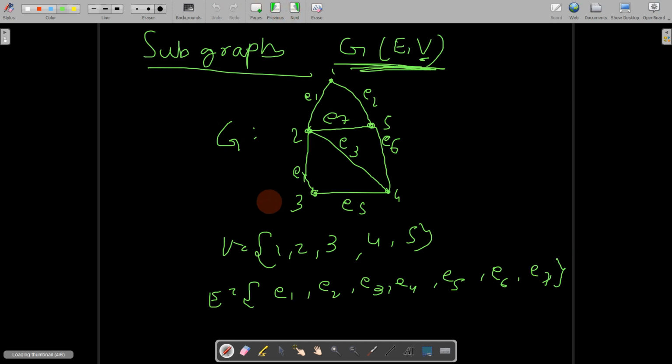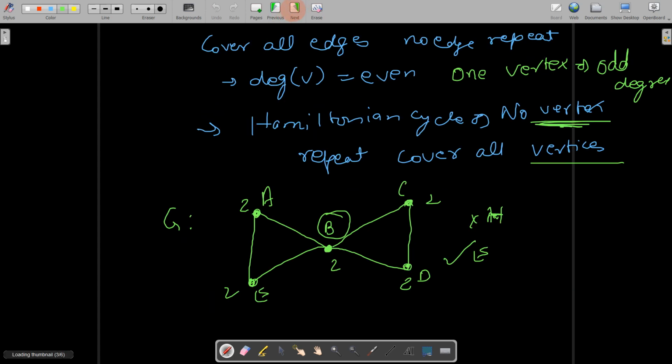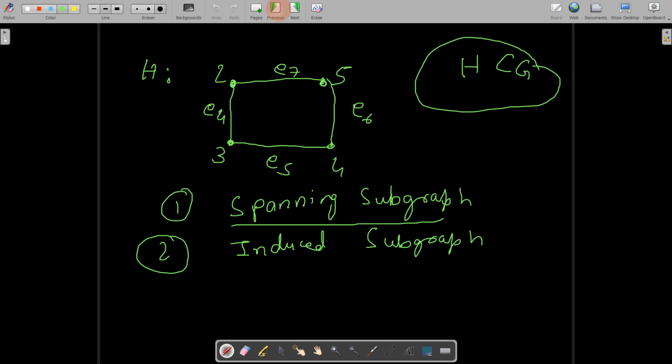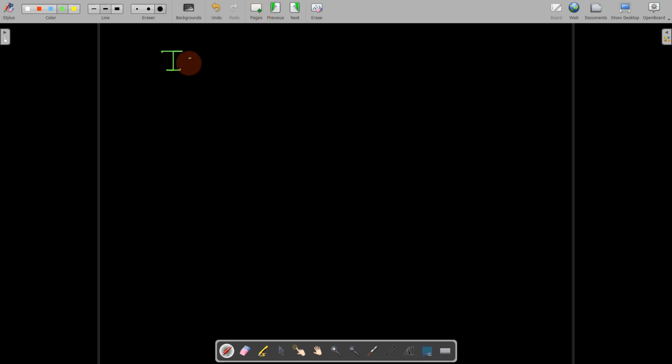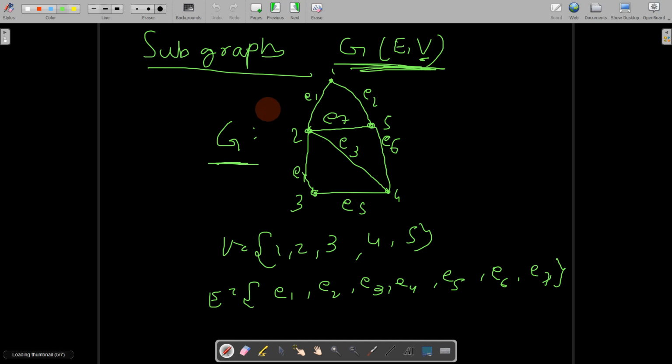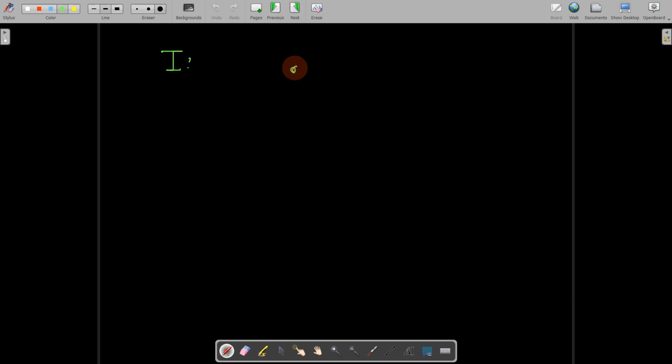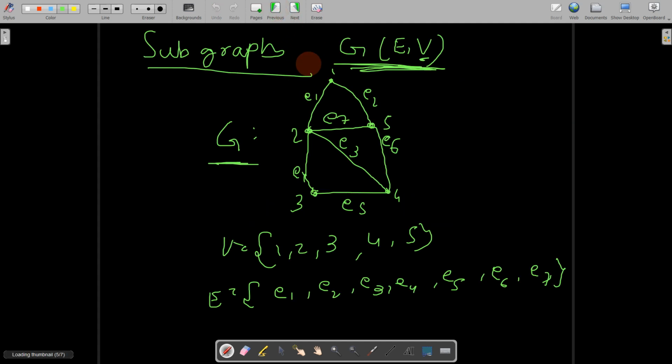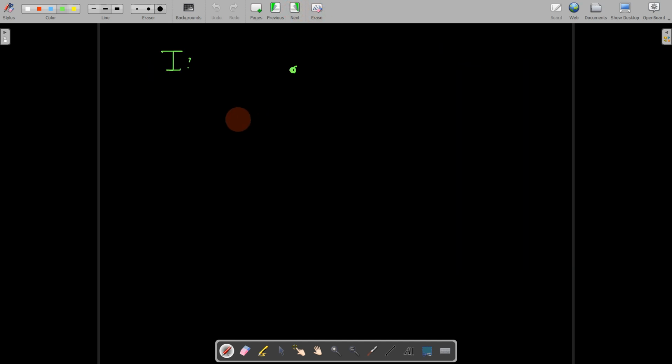For this graph G, a spanning subgraph is a subgraph where the vertex set of the subgraph is the same as the original graph G. So if you create another graph I of the graph G such that all the vertices are the same as that of the original graph, all the 5 vertices, 1, 2, 3, 4, 5 have to be present in this subgraph.